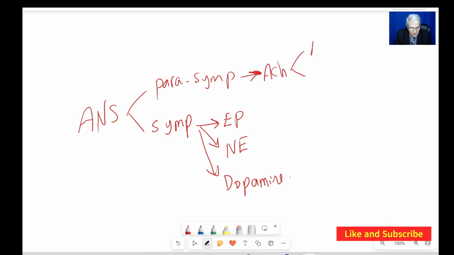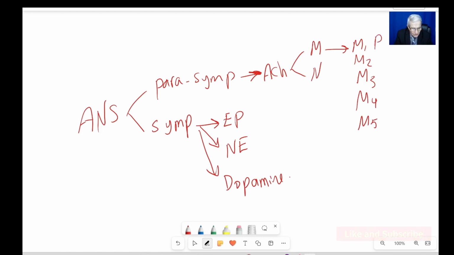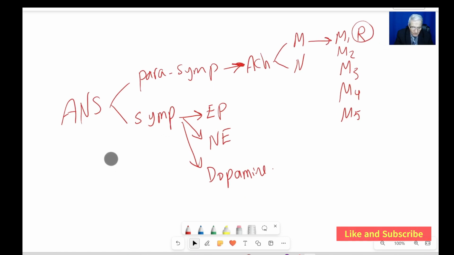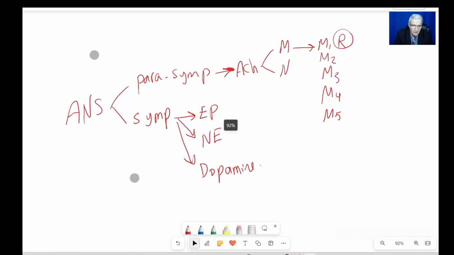Acetylcholine affects muscarinic receptors and nicotinic receptors. For the muscarinic receptors, we have M1, M2, M3, M4, and M5, five types of muscarinic receptor. So now we are familiar with this.